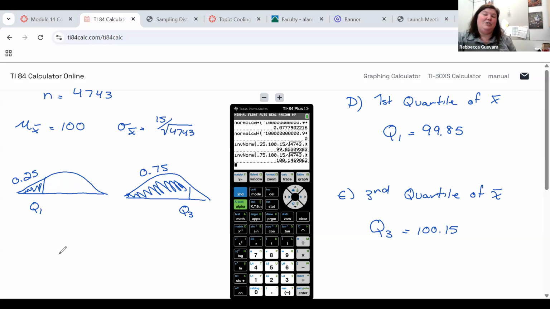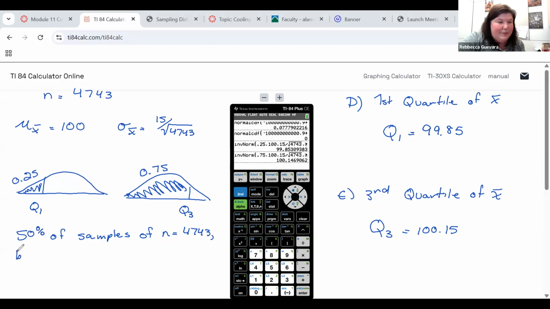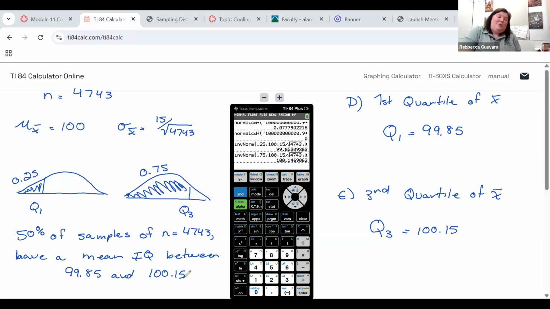So that means if I had a distribution of my mean IQs, 50% of samples of size 4,743 have a mean IQ between 99.85 and 115. That is what I'm learning here.